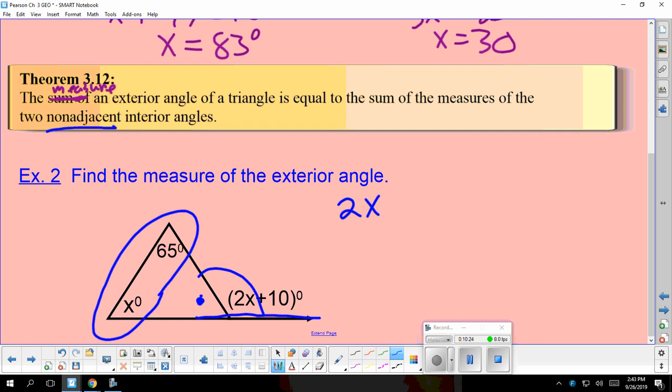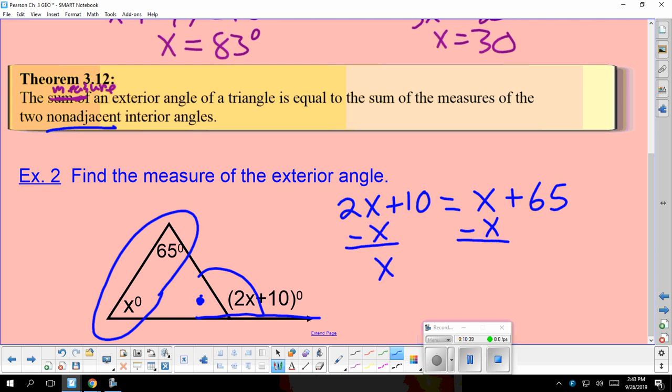So we have 2x plus 10 equals the sum of these two on the other side, x plus 6 plus 59. So I'm going to subtract x from both sides. X plus 10 equals 65. Subtract 10 from both sides.